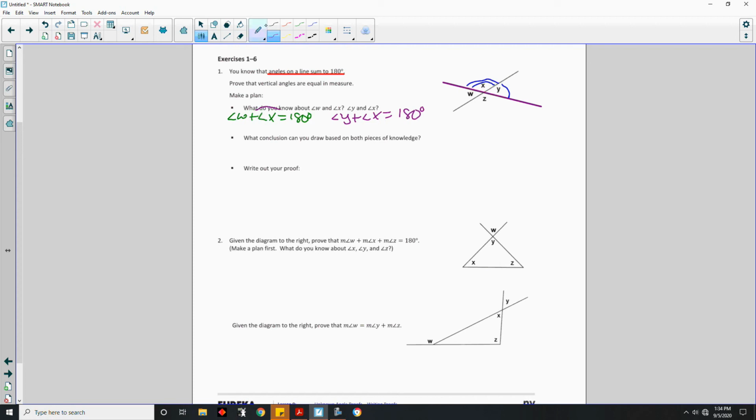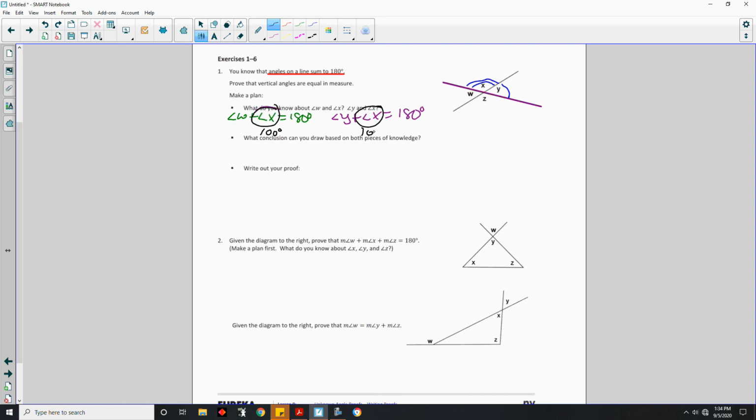And here's the key. This has an angle X. This has an angle X. If we got rid of them, then the other piece is equal to 180. In other words, if I gave angle X a value, it's obtuse, so let's say it's 100 degrees.